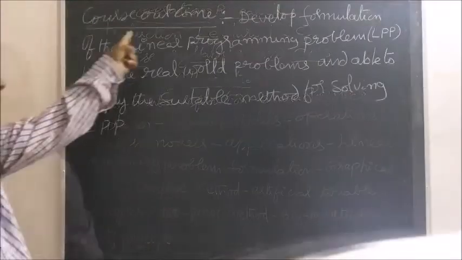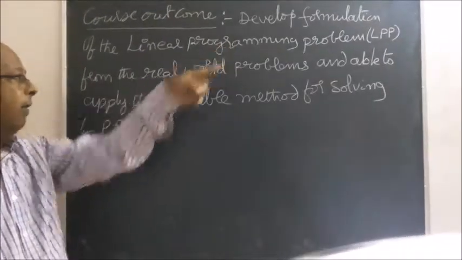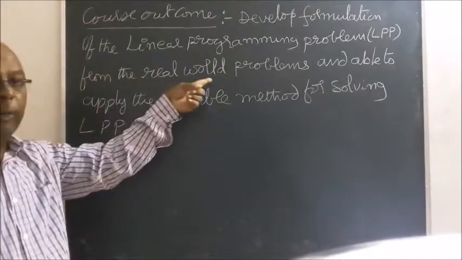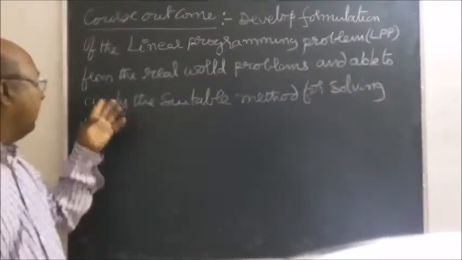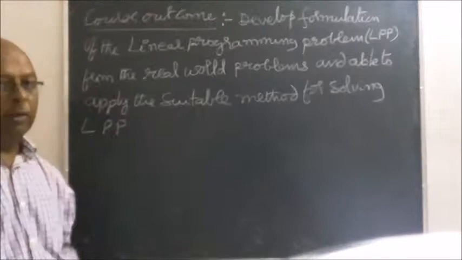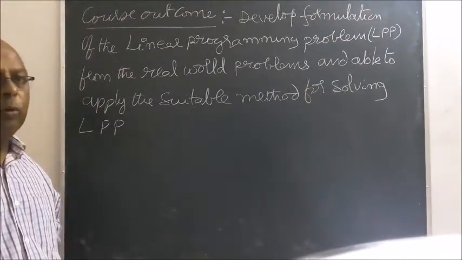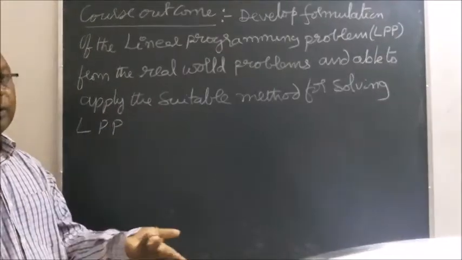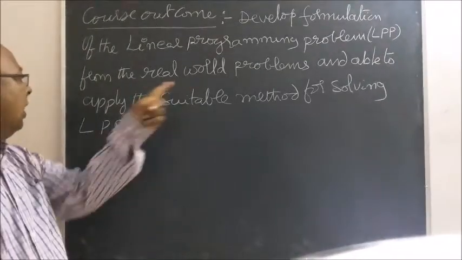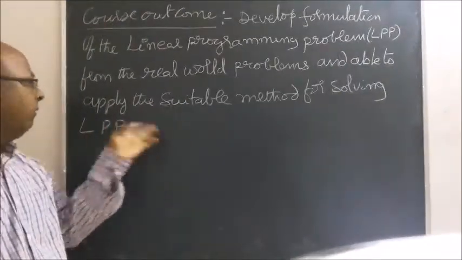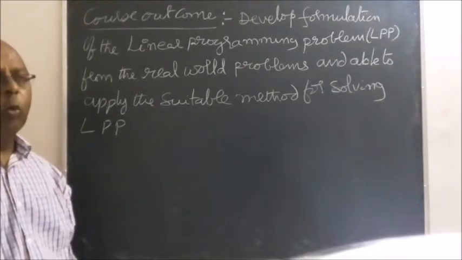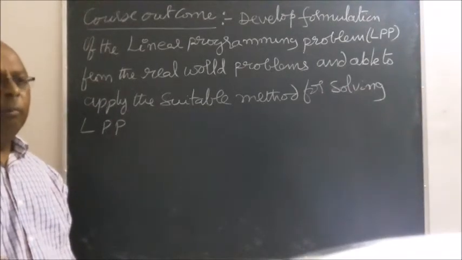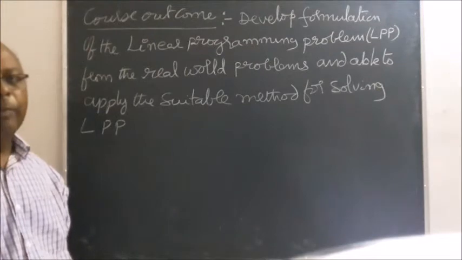Note down the course outcome: develop formulation of the linear programming problem, LPP, from real world problems. Already I told you, all are real world problems in operation research, and be able to apply the suitable method for solving LPP. Suitable method means mainly two methods are there.